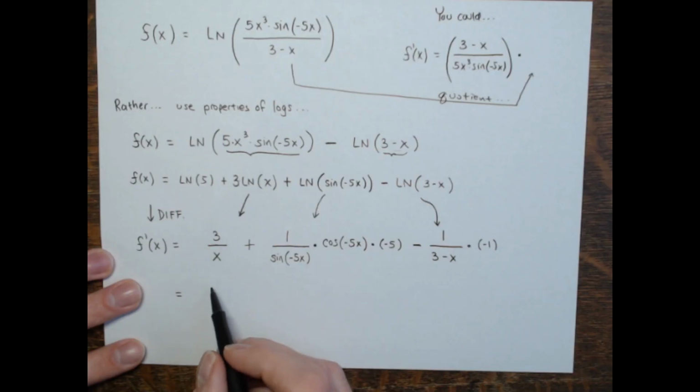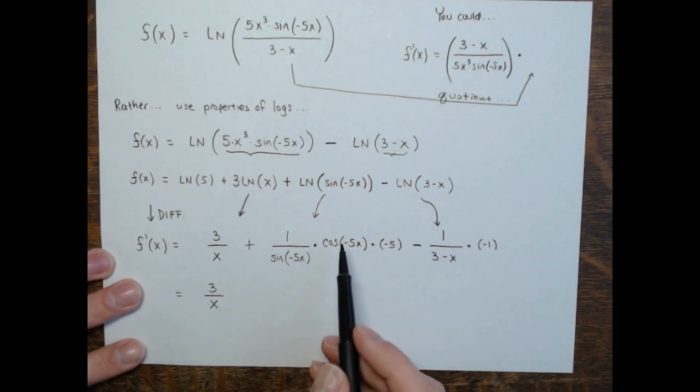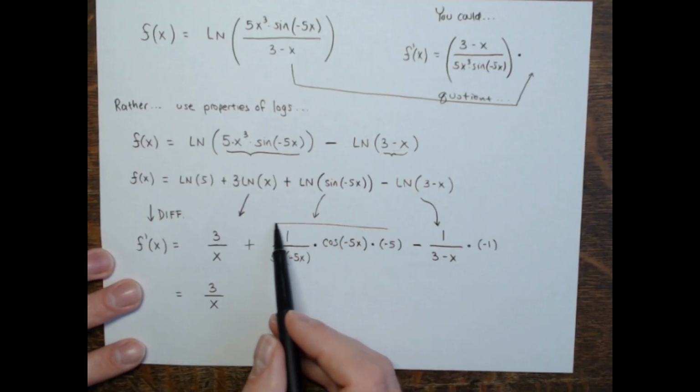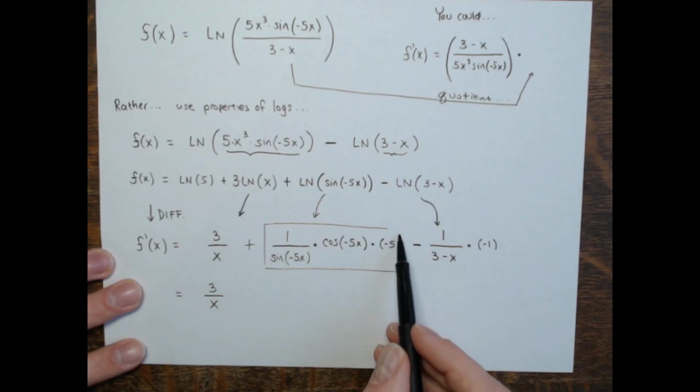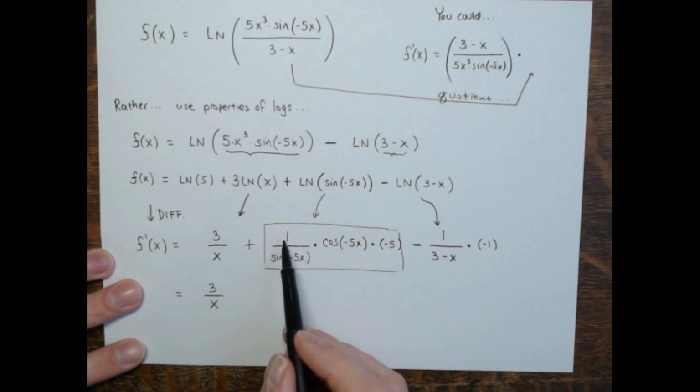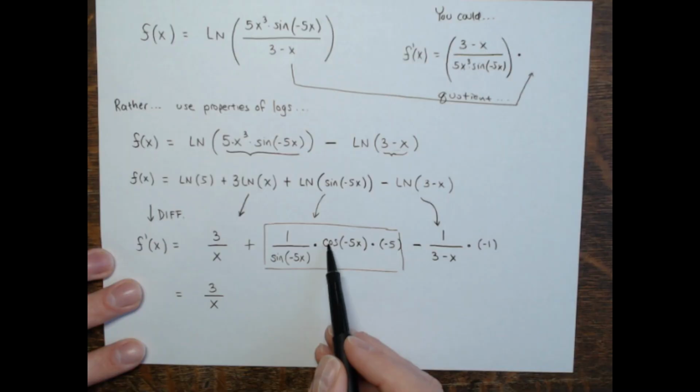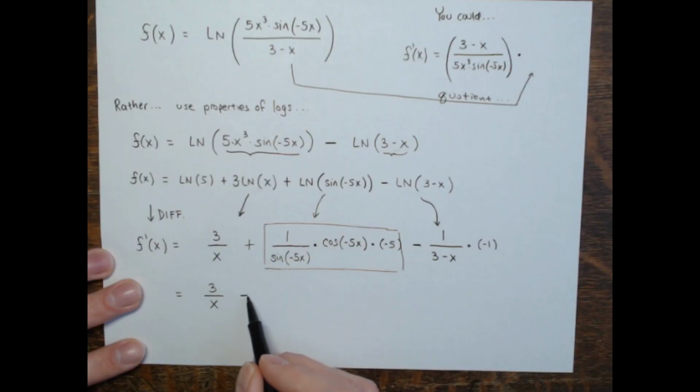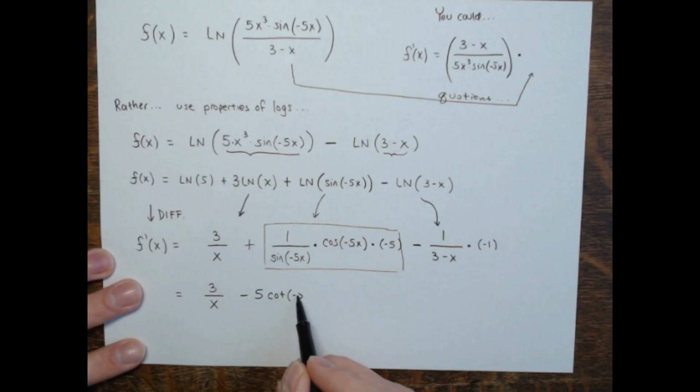But I'll go through, the first term there, it's just 3 divided by x. And then this second product, you have negative 5 in the numerator, and now cosine of something divided by sine of that same thing. Remember, that's cotangent, so you could write this as negative 5 times the cotangent of negative 5x.